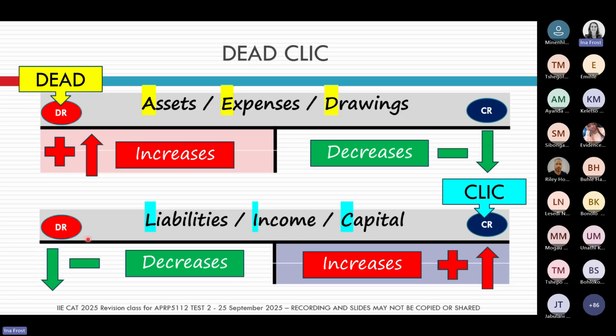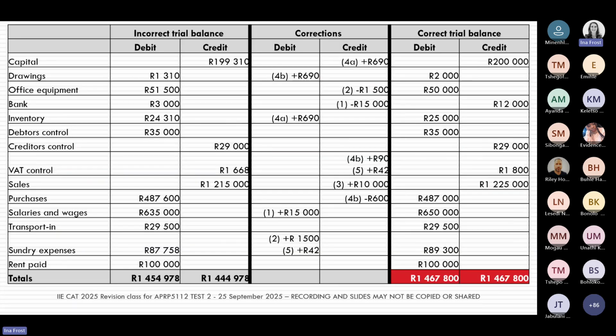And you need to now apply it again when we do these types of reconciliation questions. Because when you do your correction, you can see some of my corrections are in the credit column and some of them are in the debit column. So I have to remember that for capital, credit means plus. But for something like office equipment, which is an asset, credit means minus.